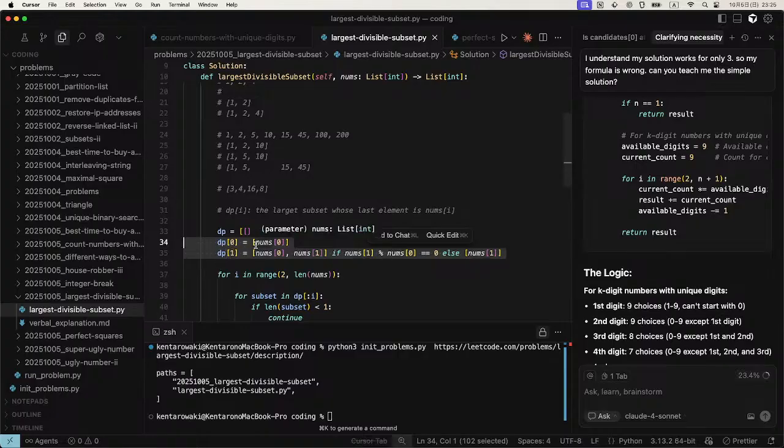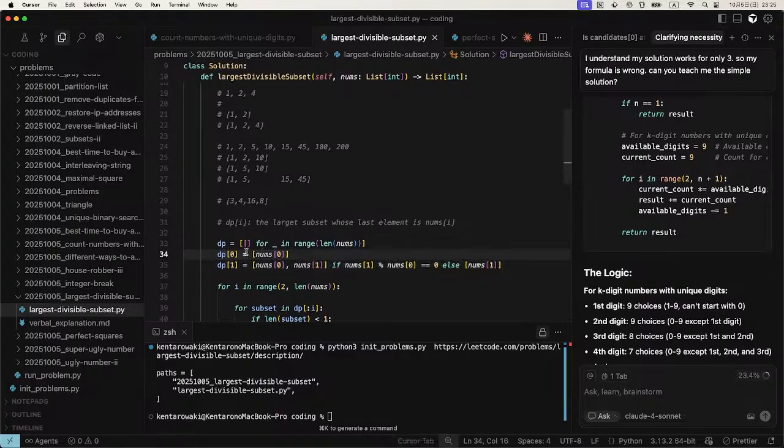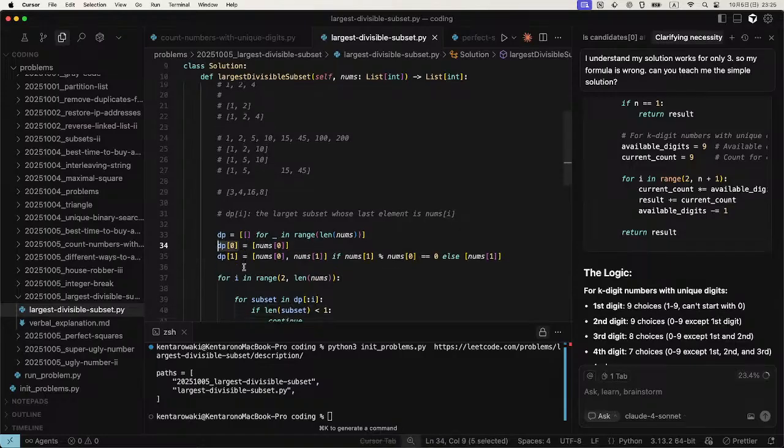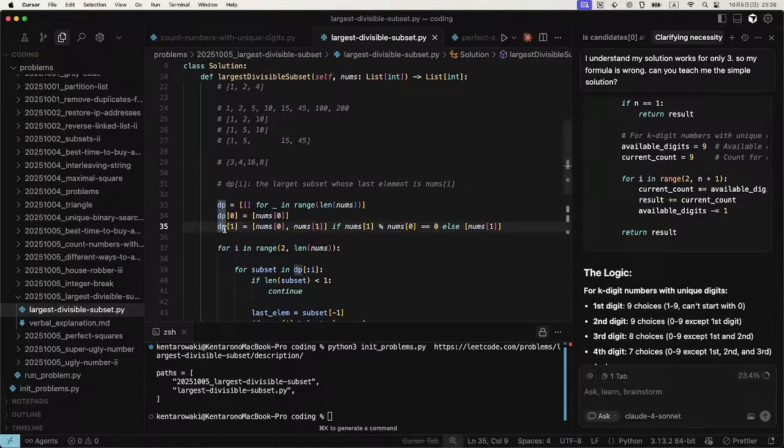This is obvious because when we use the first number, the subset is empty, so we can append the first element like this. And regarding the second, we should check the condition.